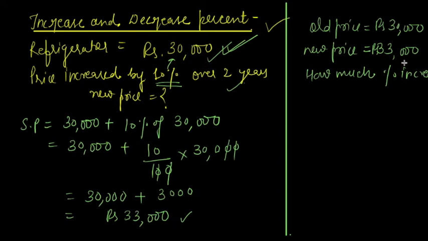So here you see what we have done. The price was given, the percentage increase was given, and we have calculated the new price. Now I am just changing this question: old price is given, new price is given, and I am asking how much is the percentage increase. Okay, so let's see this. How do we calculate this?